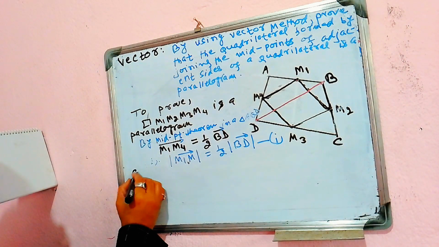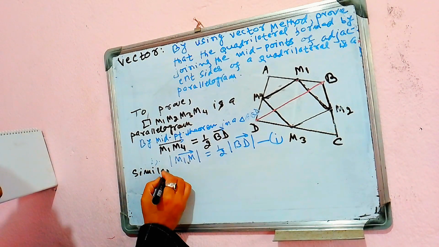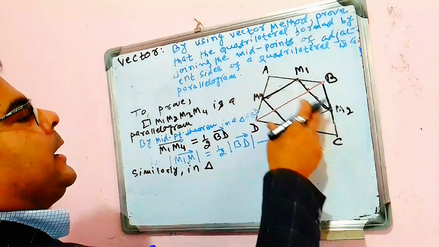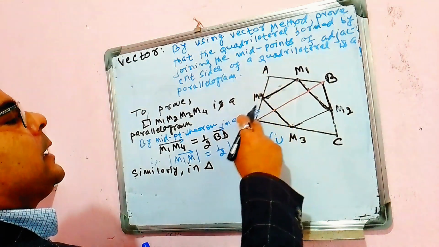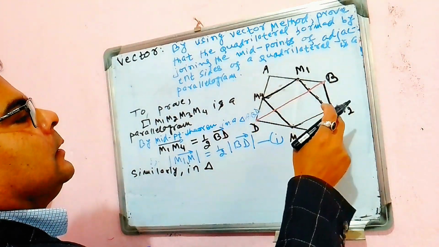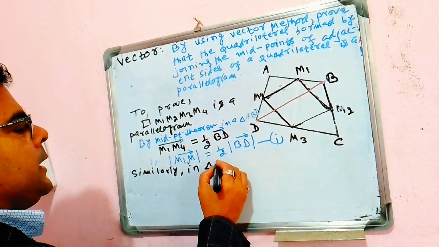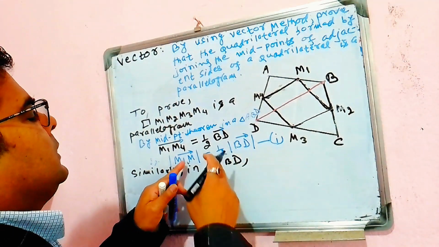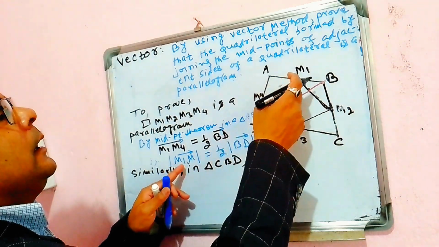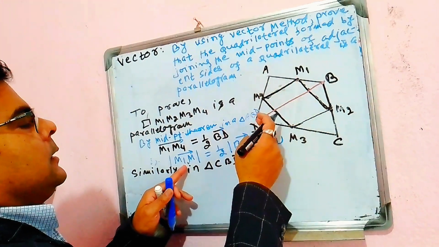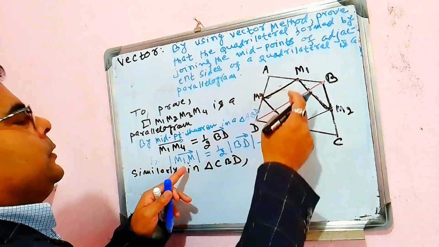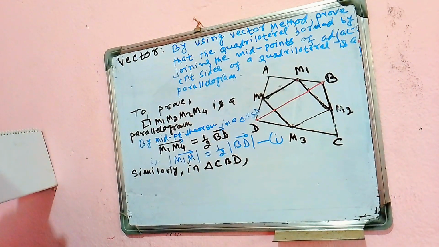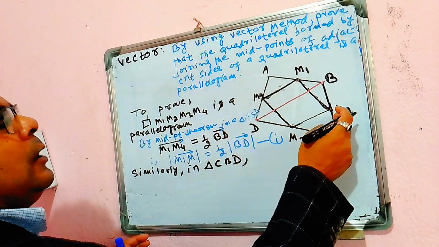Similarly, in triangle CBD, make sure that you take the vector in the same order; if you write M1 M4 equal to DB, there should be a negative sign. In that triangle you now have M2 M3.